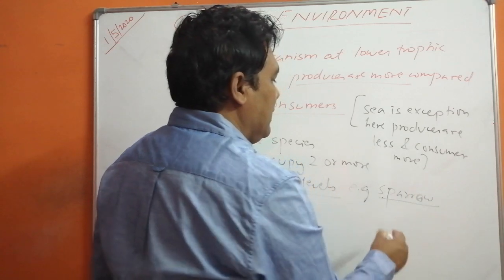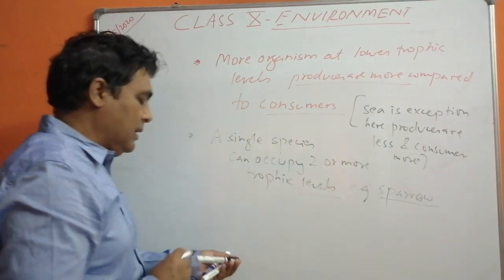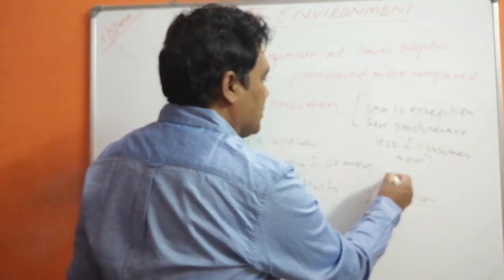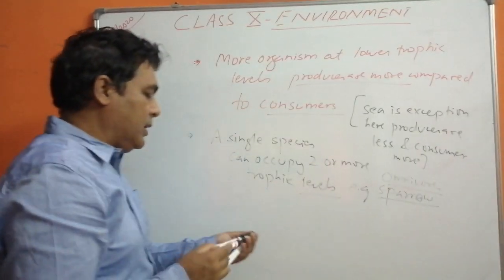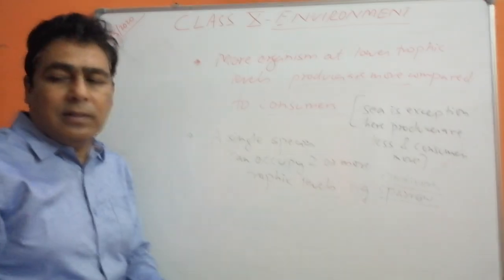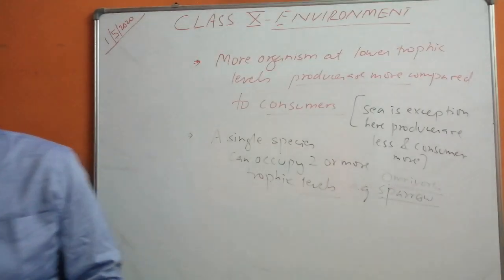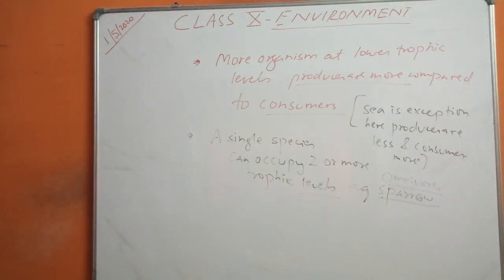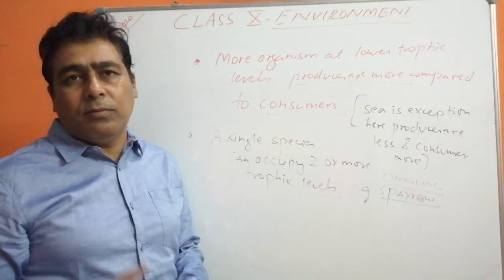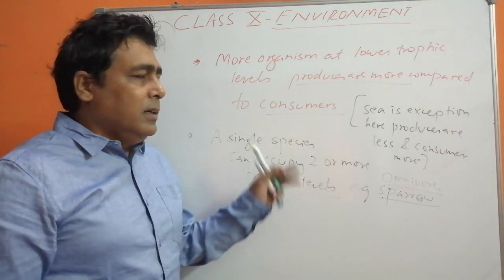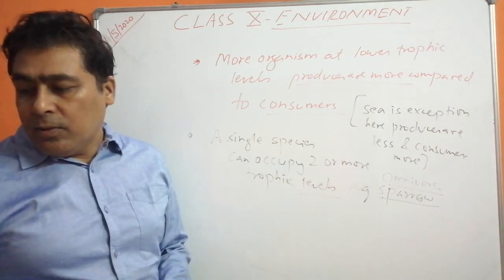Sparrow is an example, and bear can be an example. Omnivores mostly can occupy two or more trophic levels. So children, we have discussed a number of characters of the food chain. So I am ending it here.